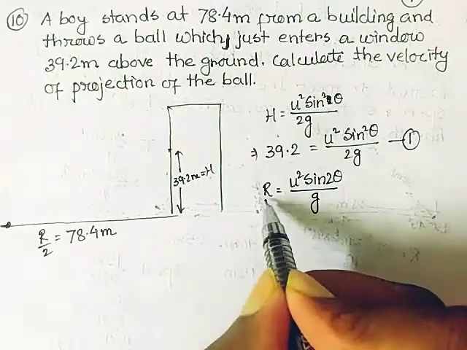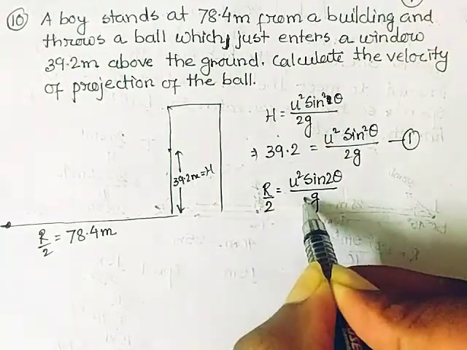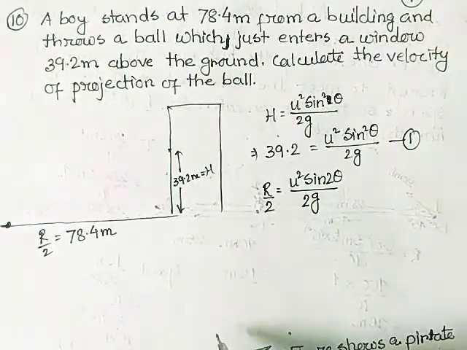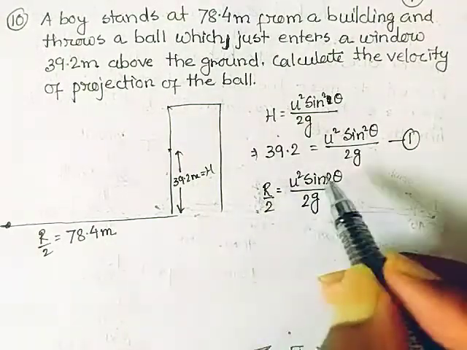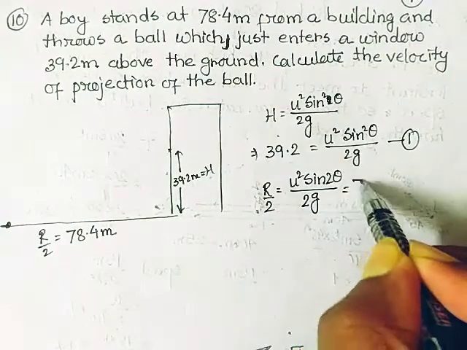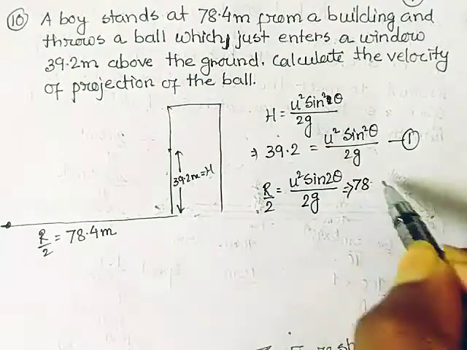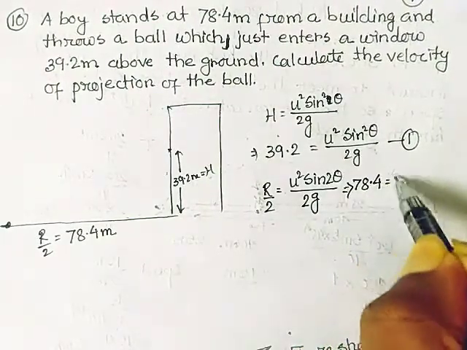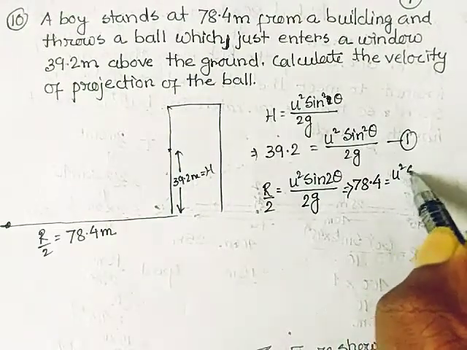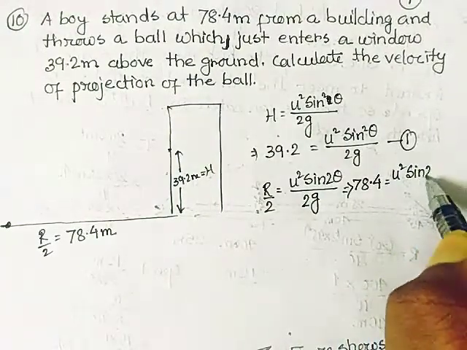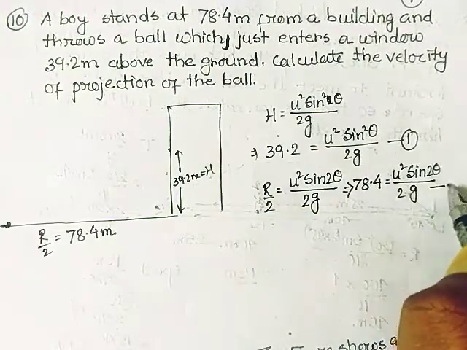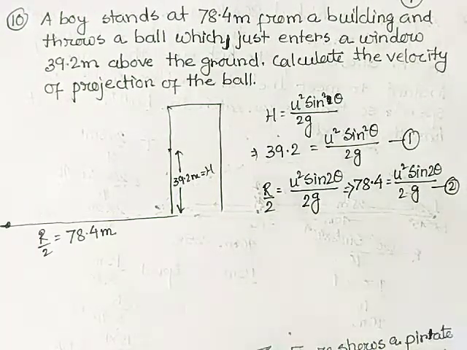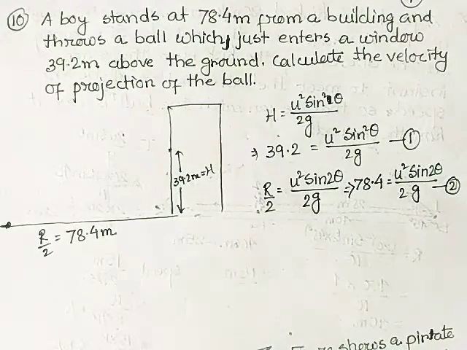So R by 2 should have 2g. What is the value of R by 2? R by 2 is 78.4. So 78.4 equal to u square sine 2 theta divided by 2g. This is equation number 2.